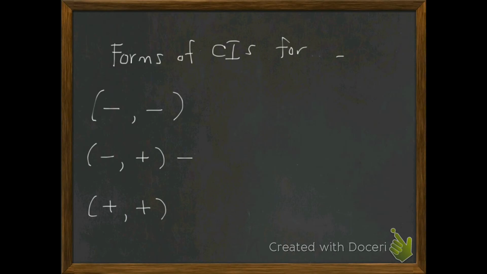Guys, if we see the negative, positive form, what you need to understand is that this contains 0. So for this form, we conclude that the mean difference, in general mu1 minus mu2, is equal to 0. And obviously this will lead to failing to reject the null because there's no evidence to indicate that the mean difference is something other than 0.